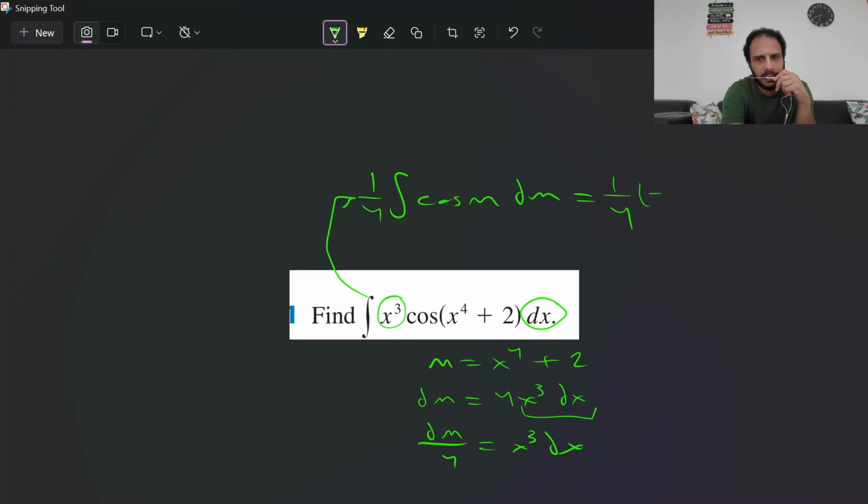What do you think? Why is it minus? Positive, right? Because it's integration. So sine m plus c. 1 over 4 sine what? Sine x to the 4 plus 2.